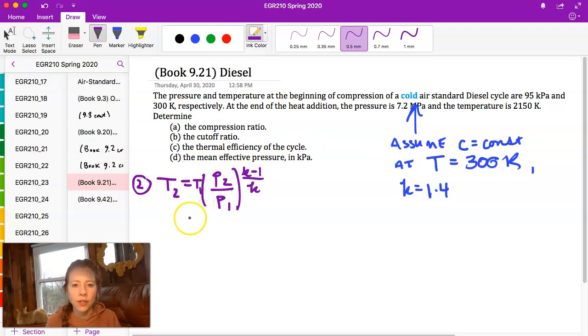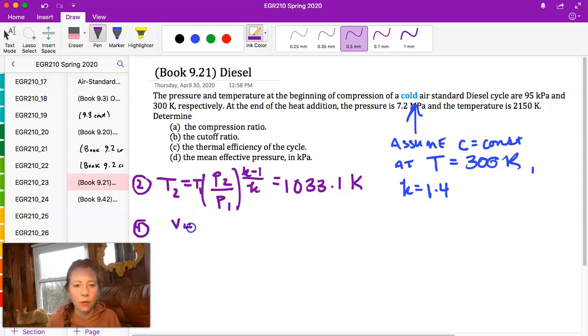And so this is going to be equal to, ultimately, if we plug in k and our pressures, 1033.1 K.